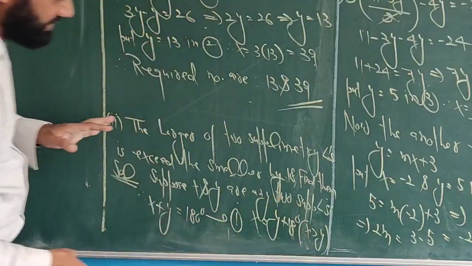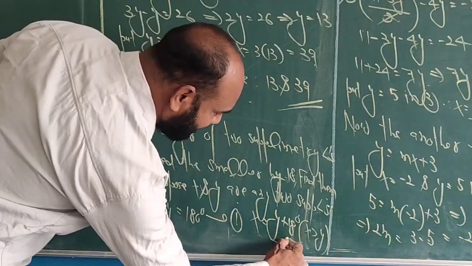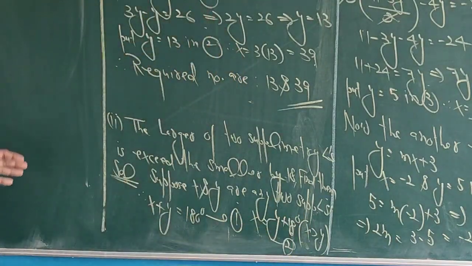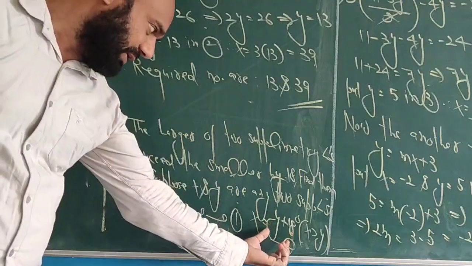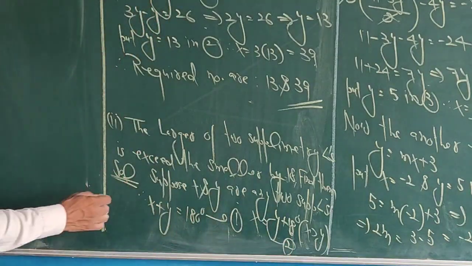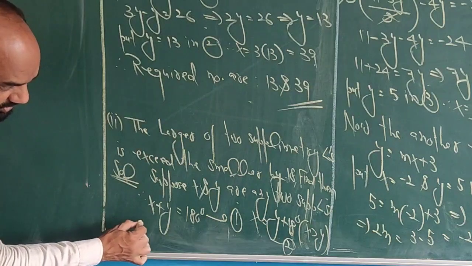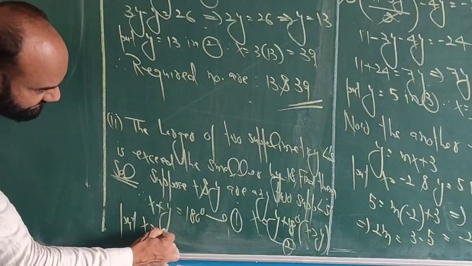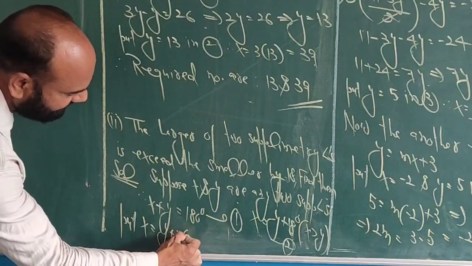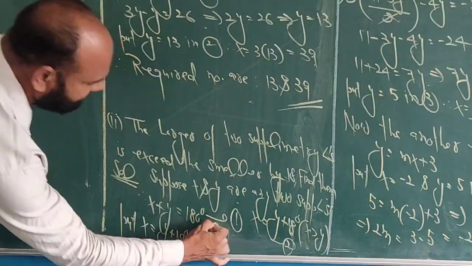Now we solve these two equations. Put the value of x from equation 2 in equation 1. So directly we can say put x equal to y plus 18 degrees in equation number 1.